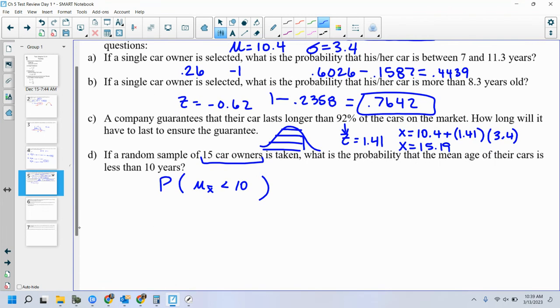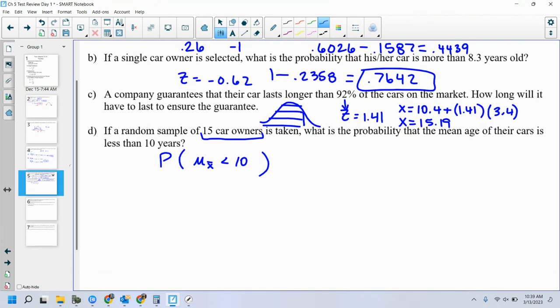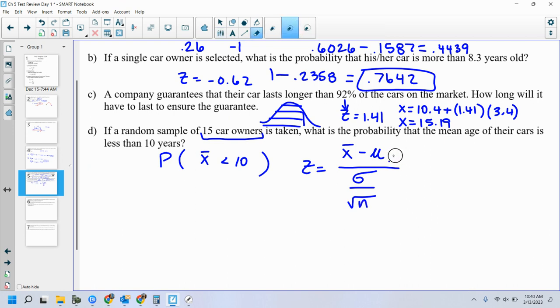Okay, so that being said, the formula is z-score is x bar minus mu x bar, over sigma divided by the square root of n. And that mu x bar is mu x.